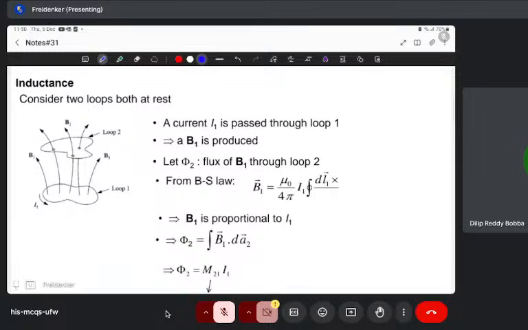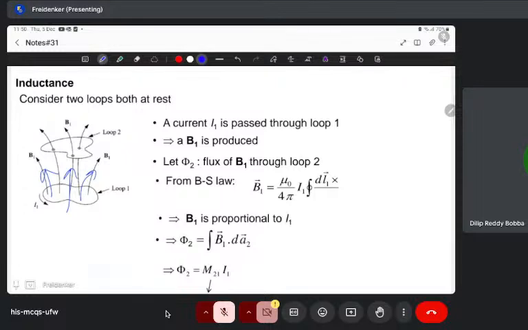Okay, inductance. So you have a current carrying loop. You have one more loop, but no current as of now. Since you have a current carrying loop, you also have a magnetic field associated with it. So take your right hand, curl your fingers along the direction of the current. Your thumb will now give you the direction of the magnetic field. So your thumb will be pointing upwards. So magnetic field will be upwards.